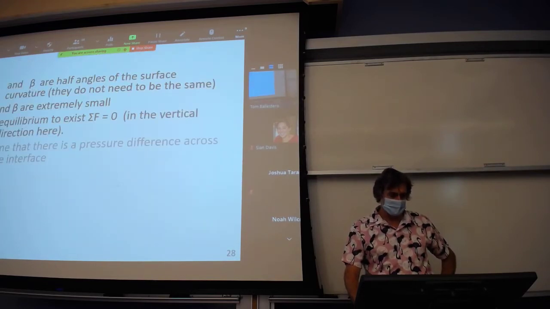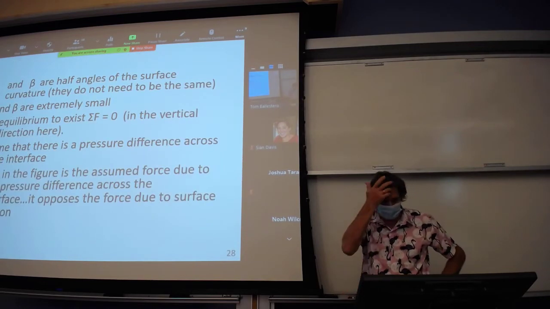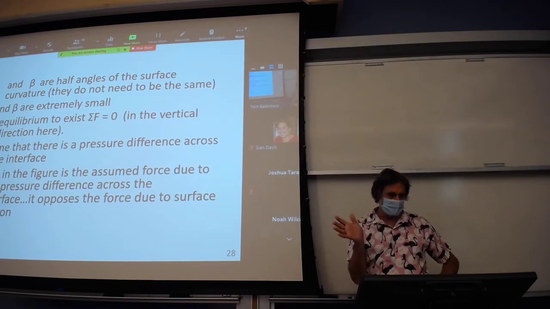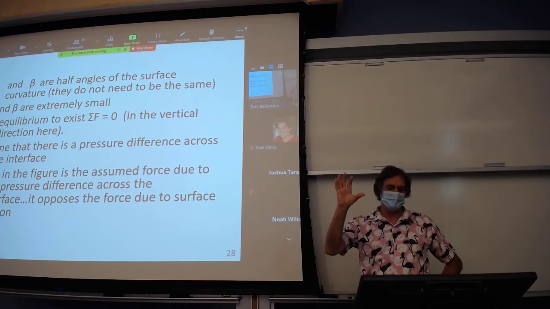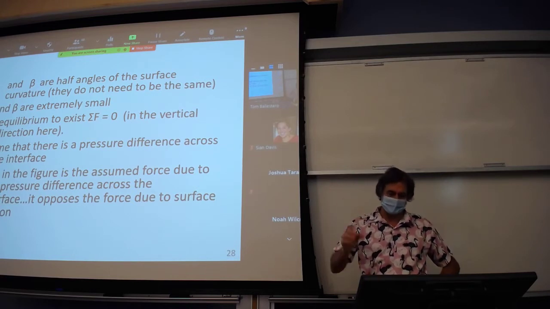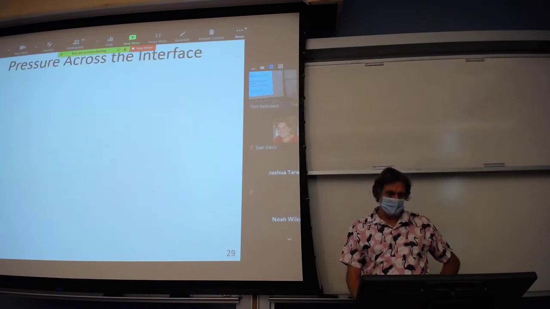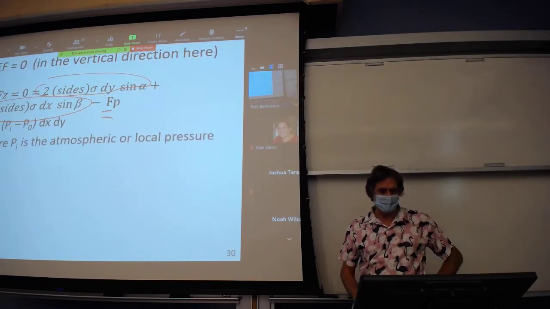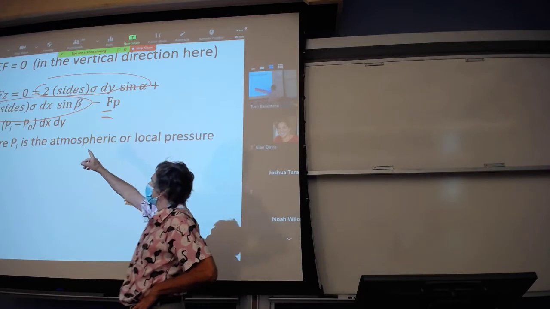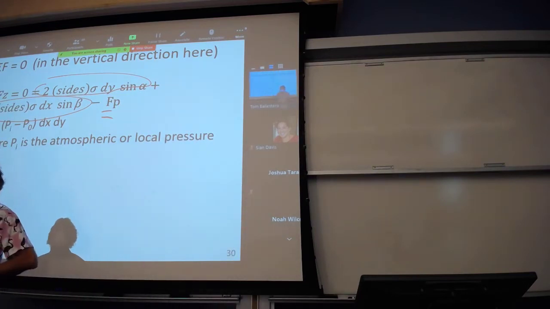So again, anything with red is what we were doing last time. So this is all review, and all we're saying is that the pressure difference across the interface is this force Fp. So when we look at doing a force balance, the sum of the forces in the z direction is equal to 0.